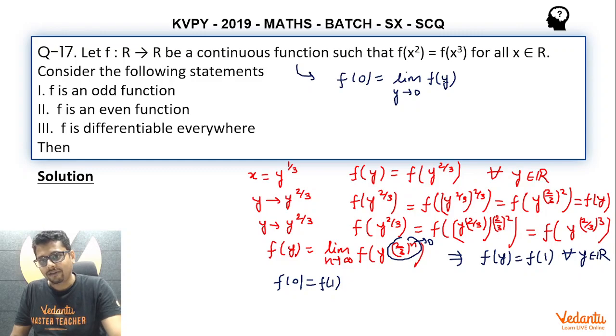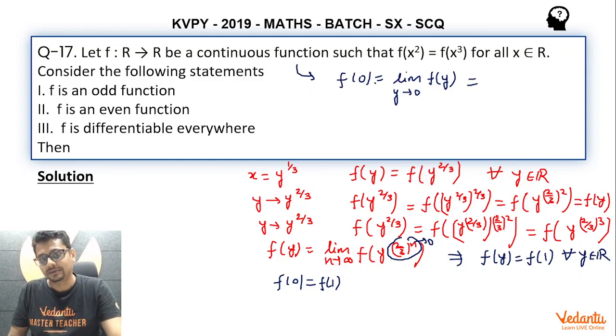And f of y is equal to some fixed value f of 1 for every y belong to real, except 0. And that's what we are trying to comment upon f of 0. So around y equal to 0, f of y is not just tending to f of 1, but it is equal to f of 1.